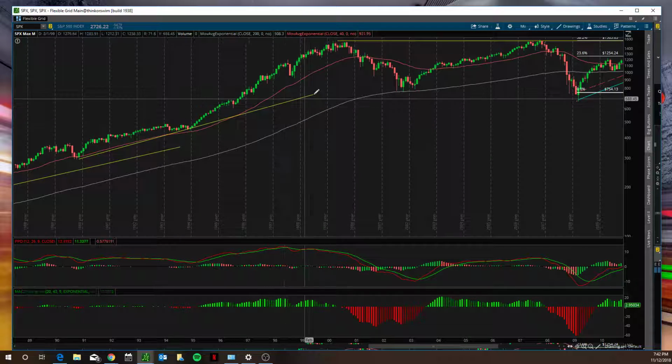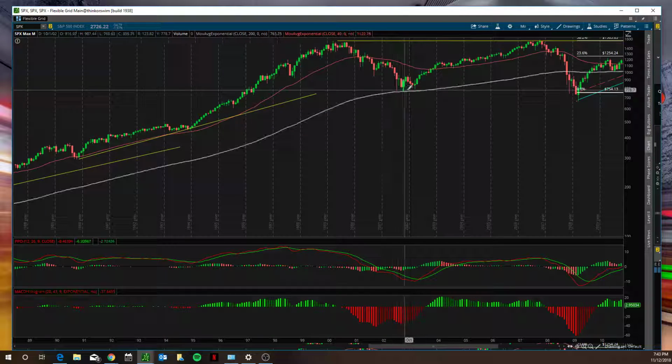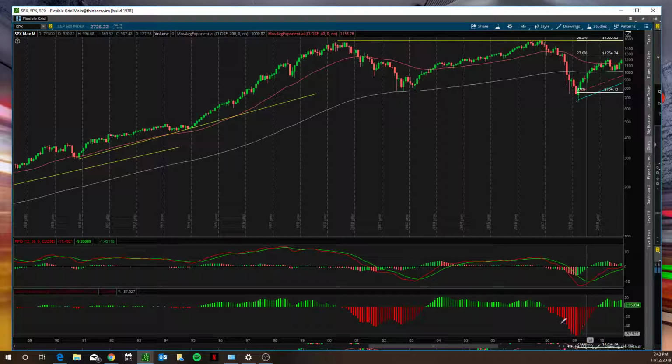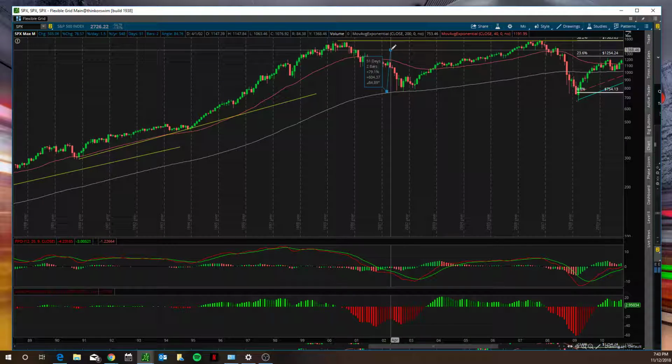And once this breaks down, which if I extended this out would be about right here, once this broke down, this was the 2001 stock market crash. The market fell about 70%, a 70% fall.